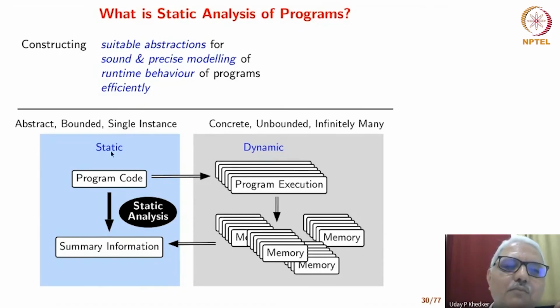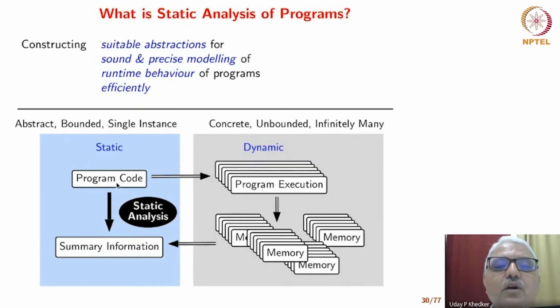For a program code, there is a single instance, but there could be infinitely many different processes for a particular program. And each of these processes could lead to memories that are concrete, unbounded, and infinitely many. What we want in static analysis is to take the summary information of what's happening to the memory, what's happening with the data of our program.